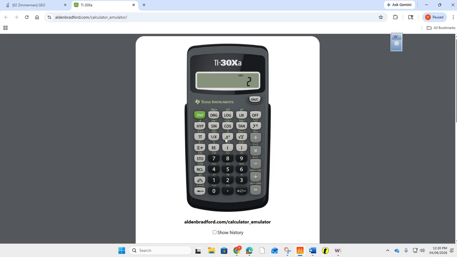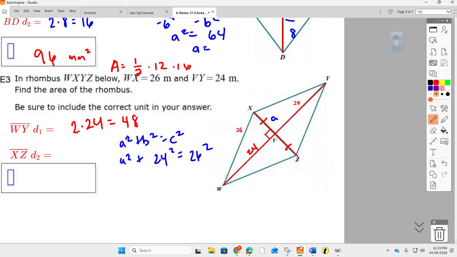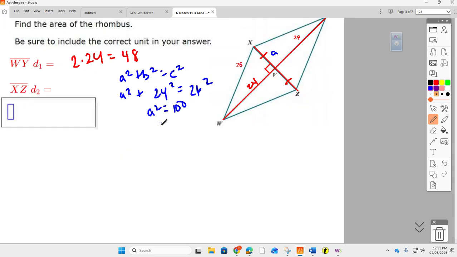26 squared minus 24 squared is 100. So a squared equals 100. And then a equals 10. So if a is 10, half of XZ is 10.